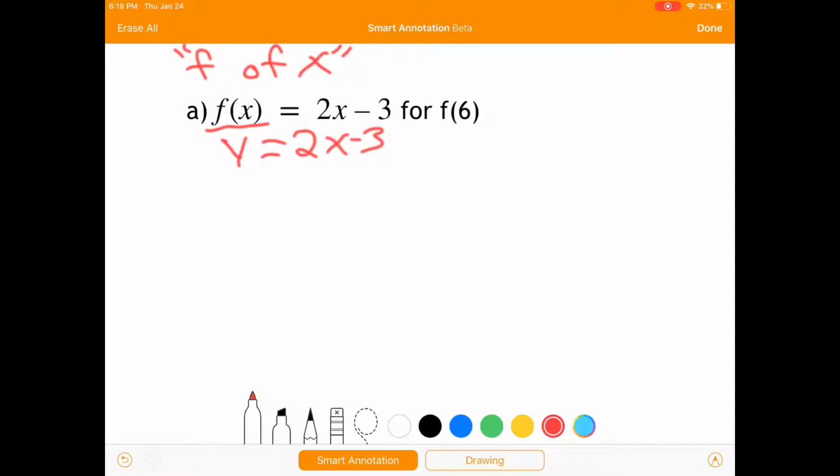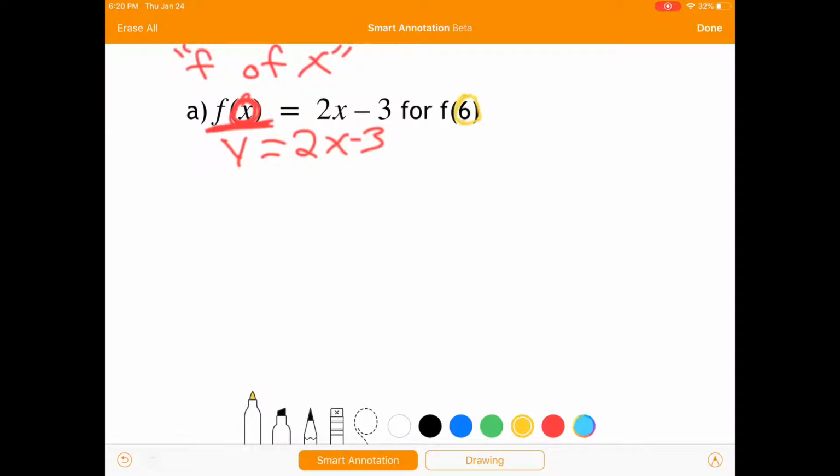The reason we sometimes use function notation is that it represents what we plug into this equation.